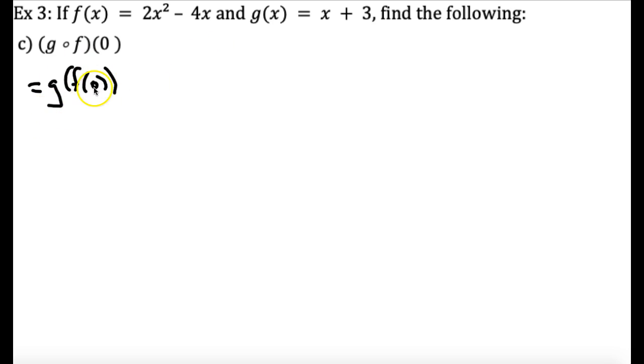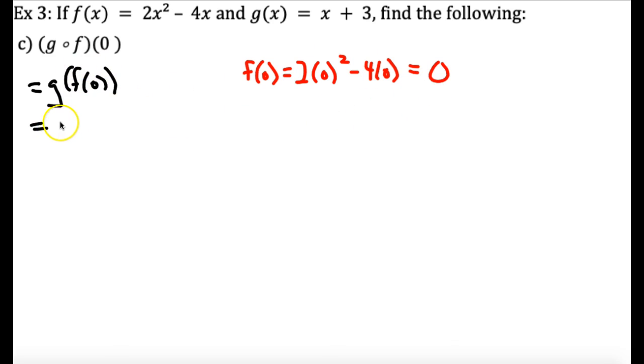So I want to evaluate f of 0, right? So I'm going to come off to the side here and evaluate f of 0. So f of 0 is 2 times 0 squared minus 4 times 0. Well, that's just going to end up being 0, right? 0 minus 0. So f of 0 ended up working out to be 0.